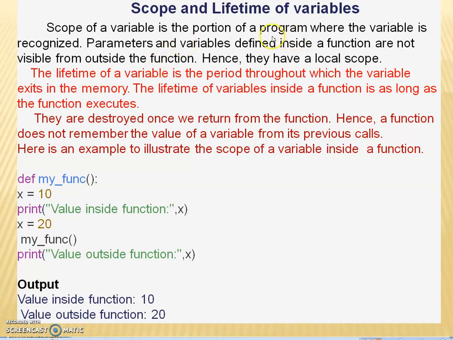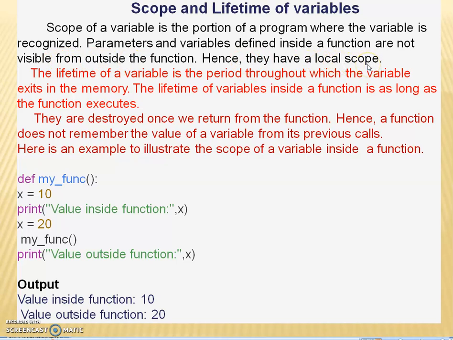The scope of a variable is the portion of the program where the variable is recognized. Parameters and variables defined inside the function are not visible from outside the function, hence they are local.